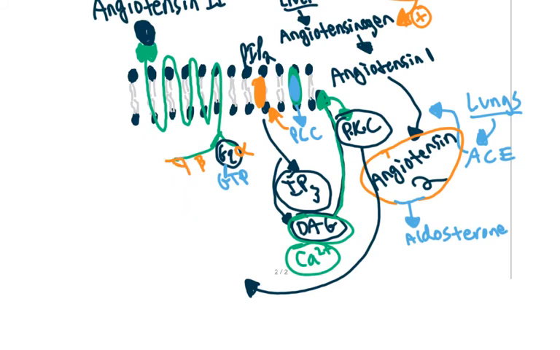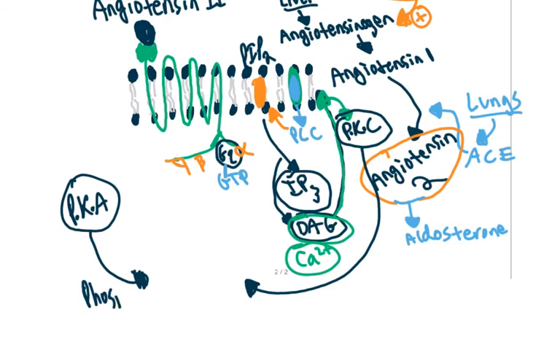So we also have, remember, protein kinase A here because of our adrenocorticotropic hormone that will also phosphorylate certain reactions that will lead up to the production of aldosterone. All right, so let's go and write that down. So phosphorylate certain reactions that will lead to the production of our awesome hormone called aldosterone.